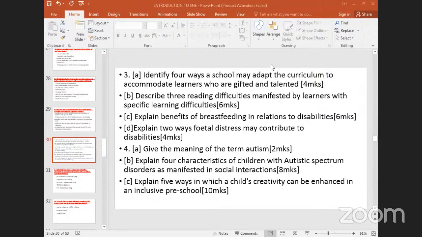Identify is where you have other terms like highlight, mention, state, give, list, name. In a question with those terms as the doing word, each point is 1 mark. Why is it 1 mark? Because of the type of answer that you give.